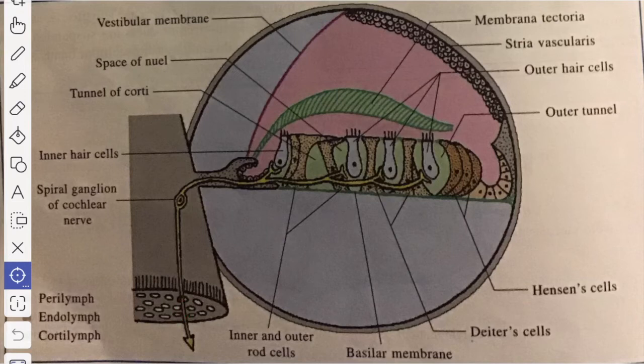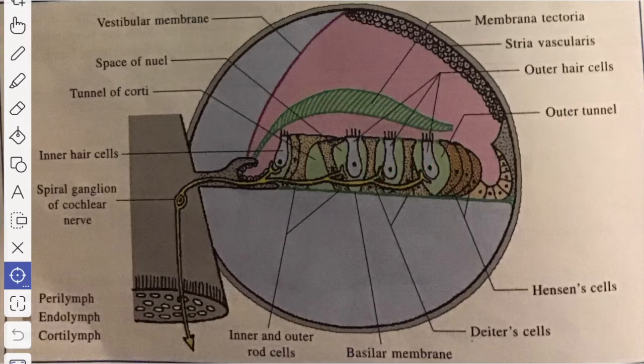It is estimated that 10 spiral ganglion cells are connected to each inner hair cell, whereas each ganglion cell is connected to more than 10 outer hair cells.